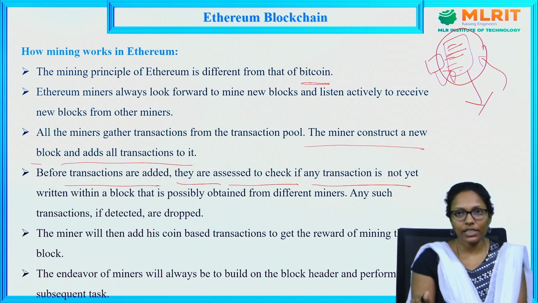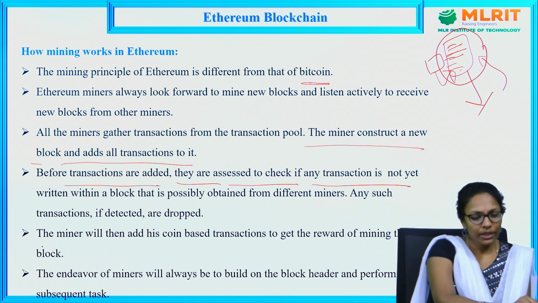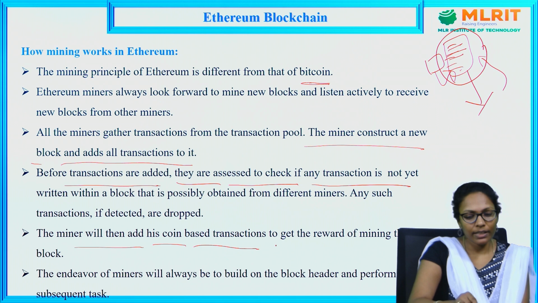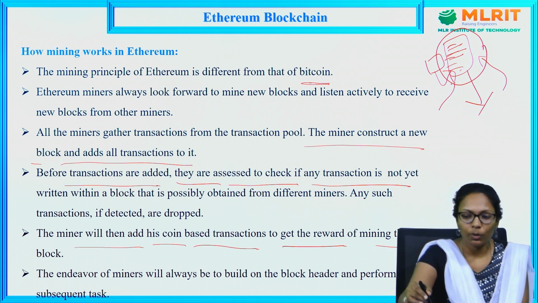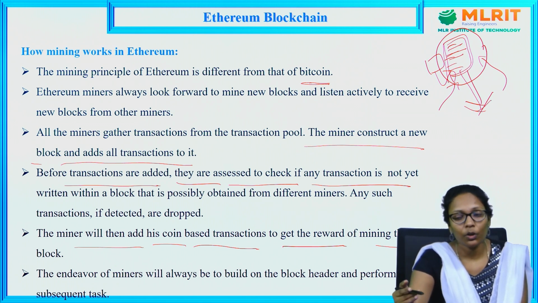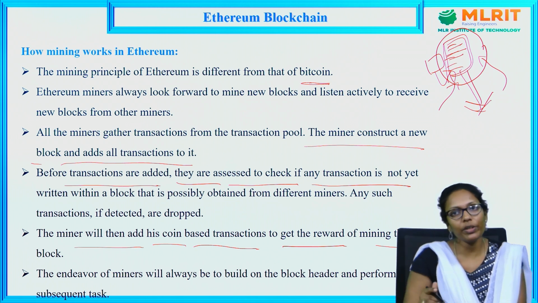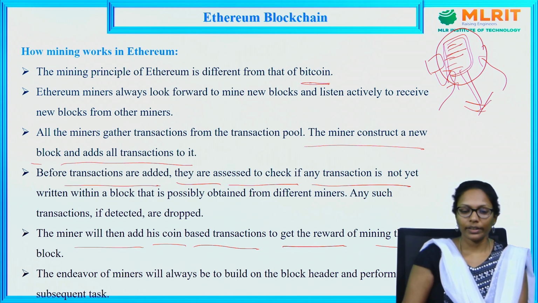If any transaction is not completed, then that will be dropped there itself. The miner will then add his own coinbase transaction to get the reward for mining the block. Whoever mined this block, if he wants to propose this set of transactions, and if the block of transactions is valid, then he will get incentives in terms of ethers and also gas units.